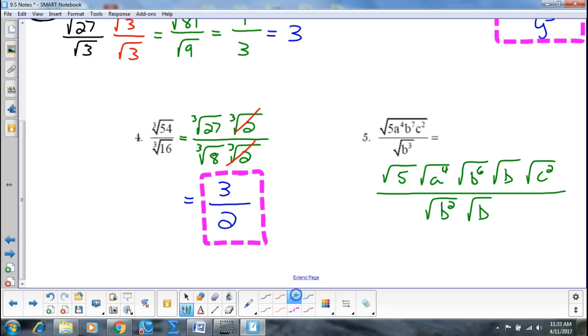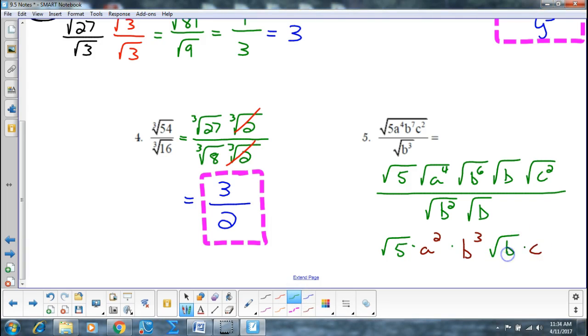So this becomes the square root of 5, a squared, b cubed, the square root of b and c, all over b times the square root of b.